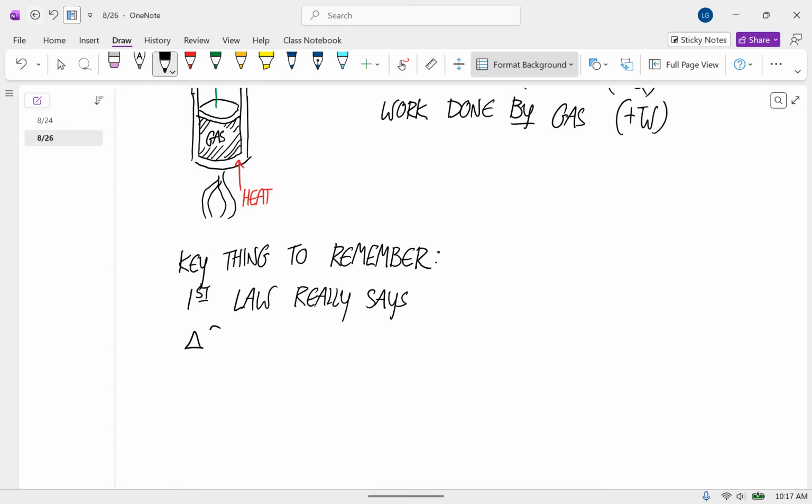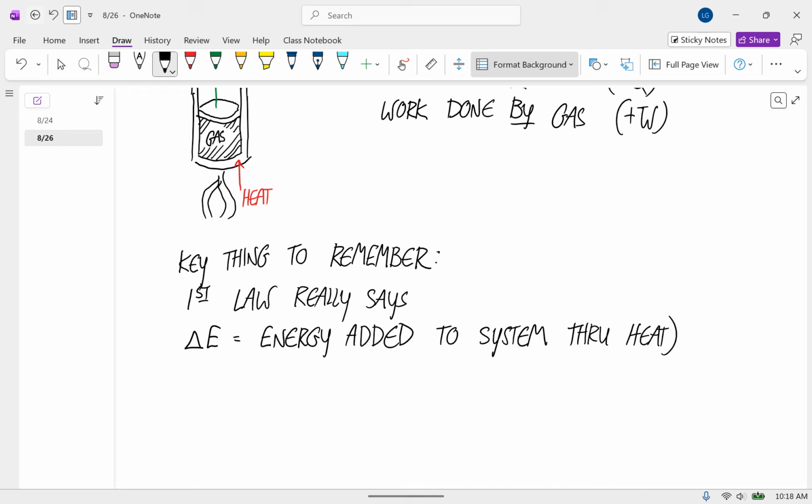The change in energy in your system is equal to the energy added through heat, plus the energy added to the system through work.